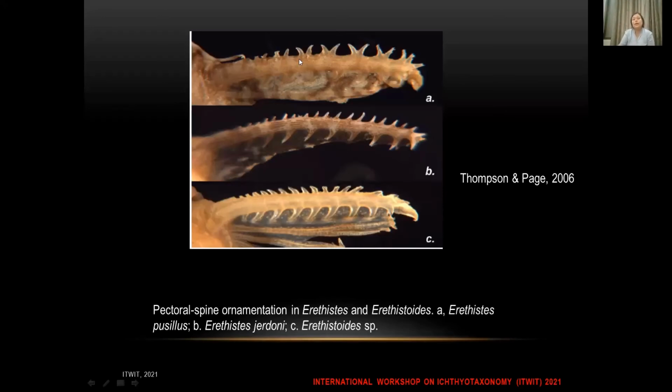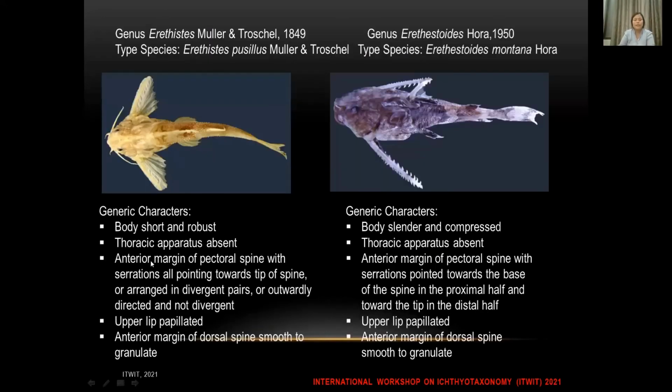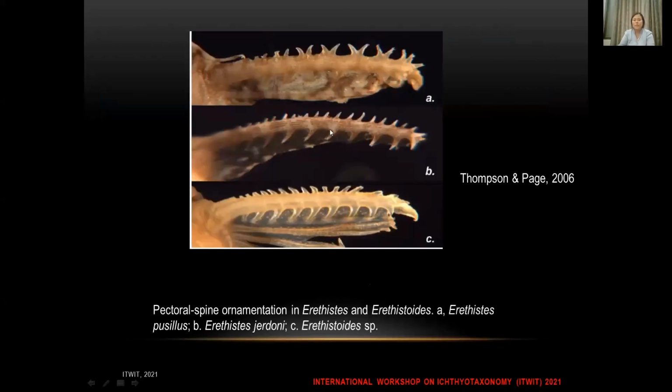So we can see the divergent spine here. Then the second one is arranged pointing outwardly directed and not divergent. That is what we can see here. So both the spines are here. I think this question was raised in the morning to Professor Vishwanath, so I want to make it clear to the person who raised it.